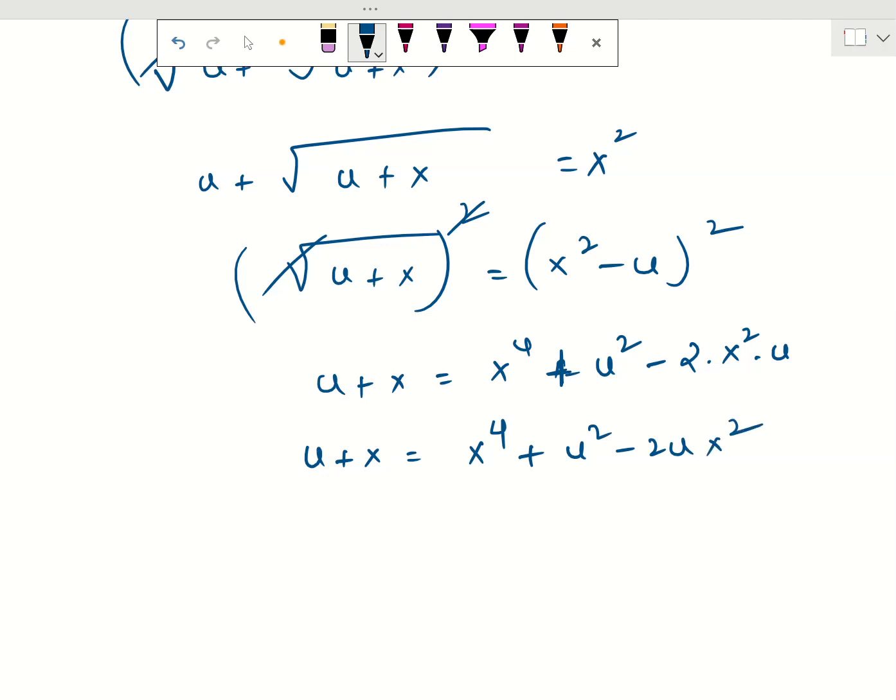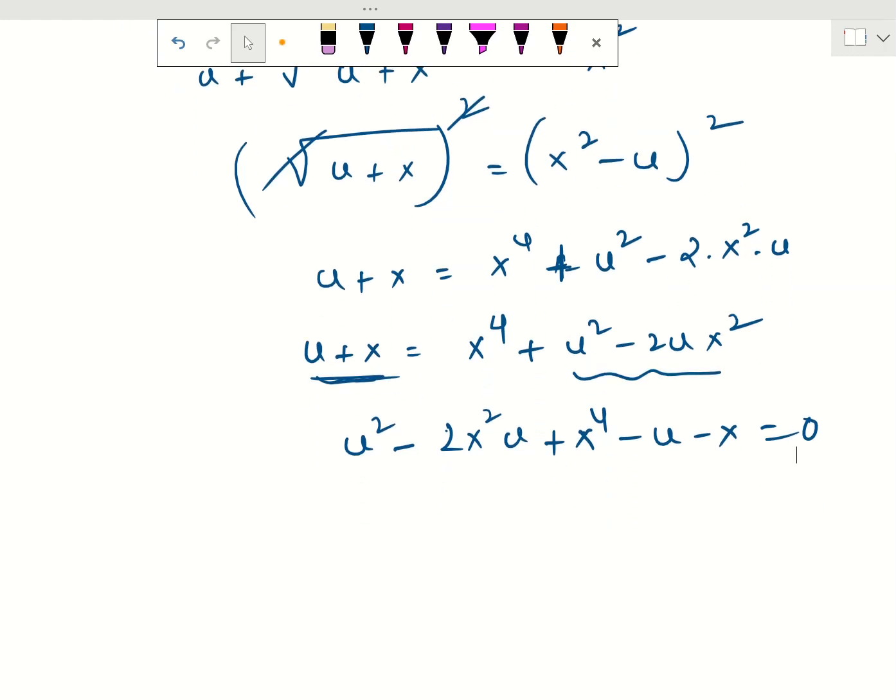Now we are solving this. Taking this term to the right side, and writing the first term u square minus 2 x square u, plus x to the power of 4, and taking this term to the right side, it is minus u minus x is equal to 0.